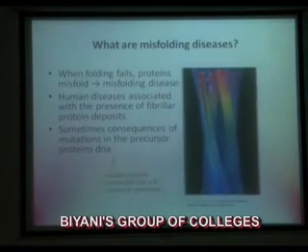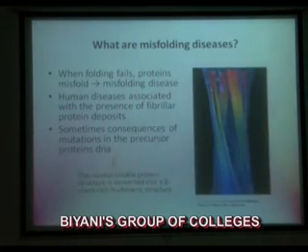But the common thing is the final product of misfolding, which is a fibrillar structure composed of the precursor protein, but they have adopted a different shape. They are rich in beta sheet structure.